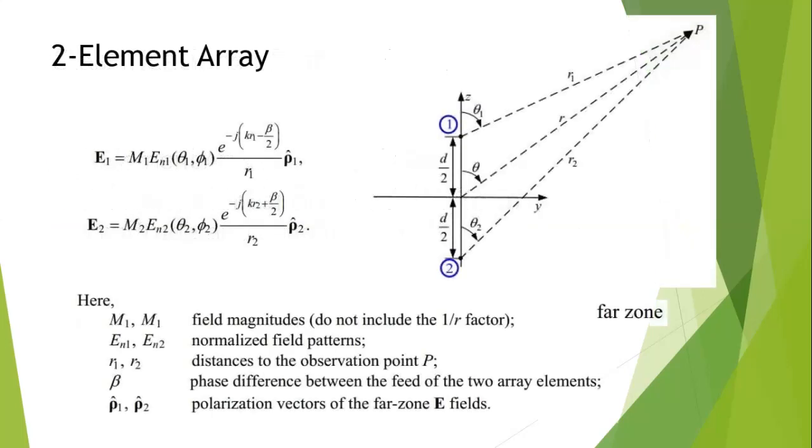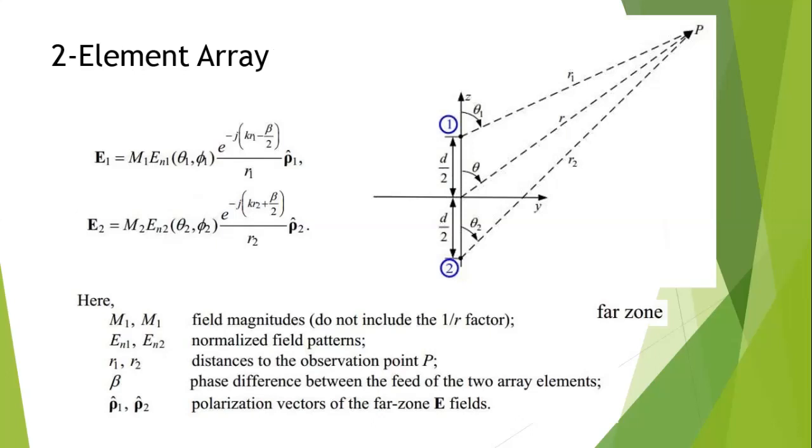So, two element array: E1 equals M1 En1 of theta 1, phi 1, into e to the power minus j of (kr1 minus beta by 2), divided by r1, into p1. E2 equals M2 En2 of theta 2, phi 2, e to the power minus j of (kr2 plus beta by 2), divided by r2, p2.